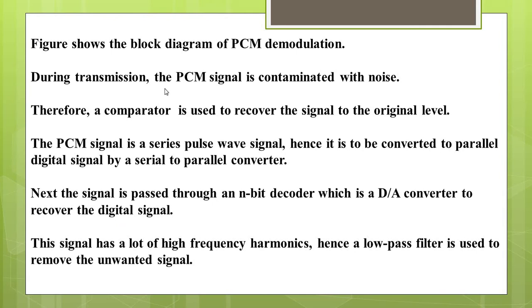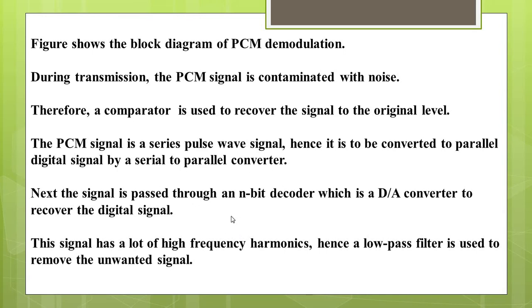During transmission, the signal is transmitted simply into free space, so a lot of noise attacks the PCM signal. Here we have the first block, the comparator. It removes some of the noise present in the signal. At the output of the comparator, we have a serial signal in the form of ones and zeros. Again, it is to be converted to a parallel signal, so we use a block known as a serial to parallel converter.